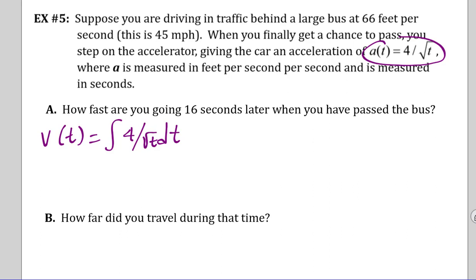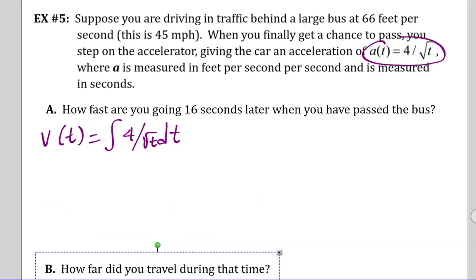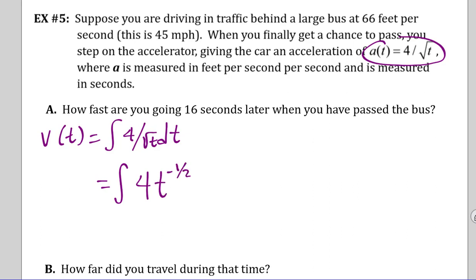That's how we're going to find our velocity. If we go on and do that, then of course this is the integral of 4 times t to the negative 1/2 dt.